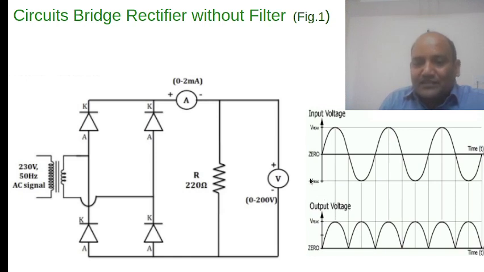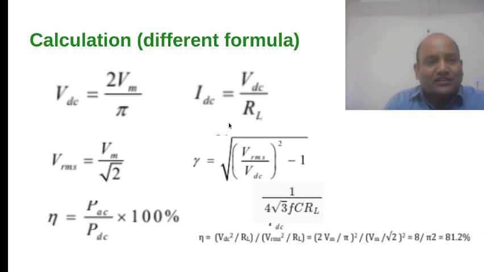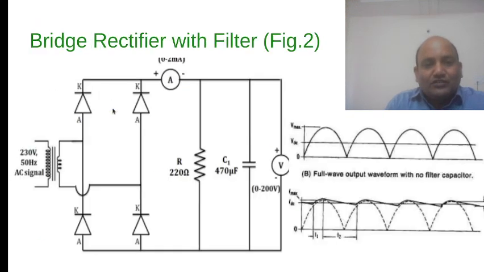By applying the same formula, with T by 2 as the time period, 1 upon T by 2 integration from 0 to T by 2 of Vm sin omega t, if you integrate that, you will get the average value as 2 Vm upon pi. So this was the working of your rectifier for both halves, first half positive and second half negative.